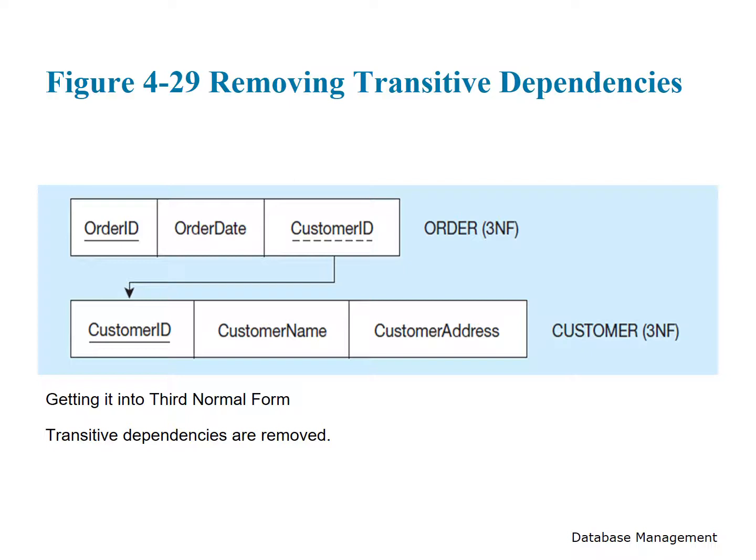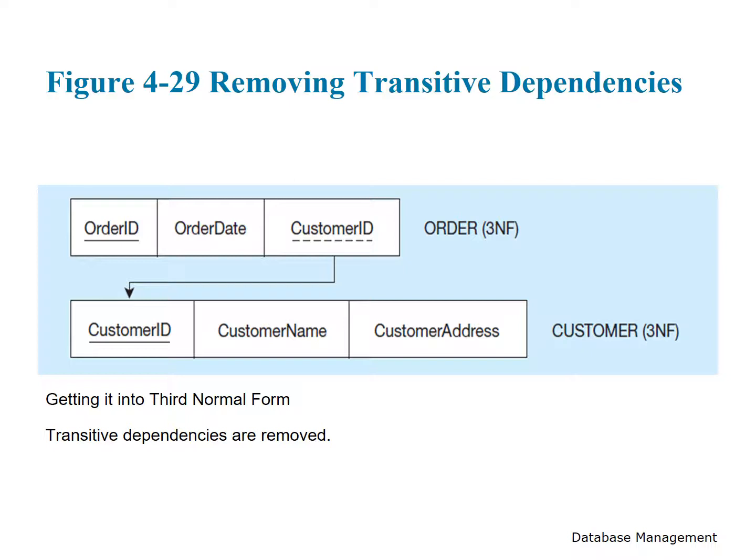Move all of the attributes that are functionally dependent only on the primary key of the new relation from the old to the new relation. Leave the attribute that serves as a primary key in the new relation in the old relation to serve as a foreign key that allows you to associate the two relations.